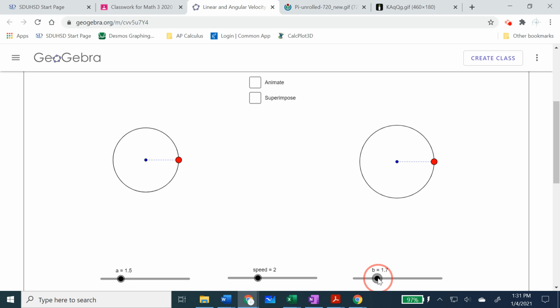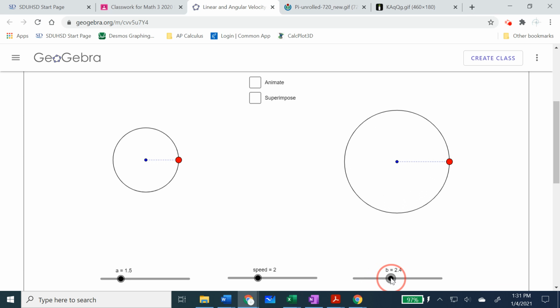Let's change this one. So now I've got a larger radius, and I'm going to animate this and just watch it go around. But now I'm going to show you where they are together. So they're superimposed now. I want you to think about the distance you are traveling with smaller tires versus bigger tires.